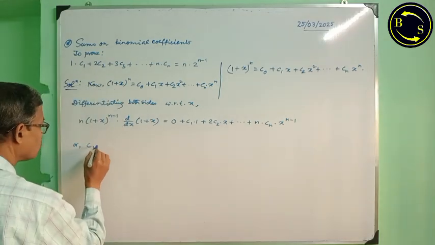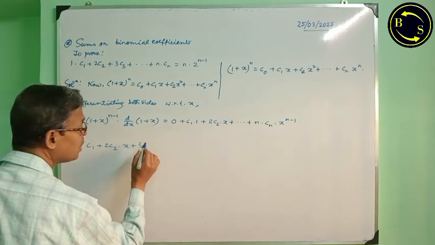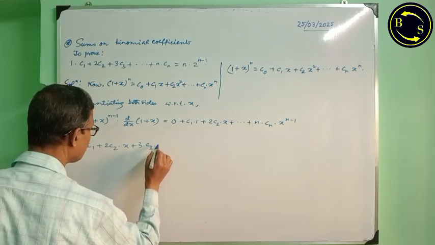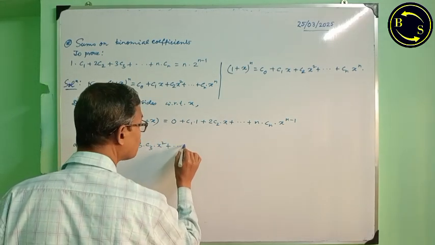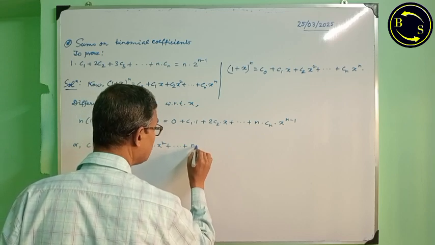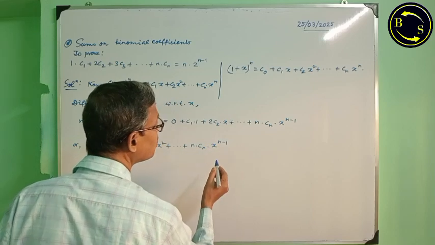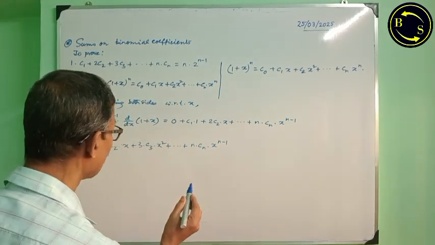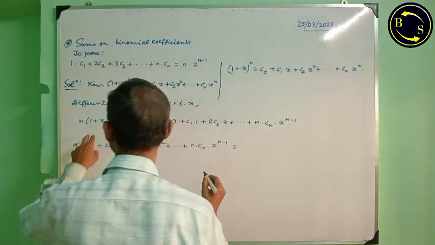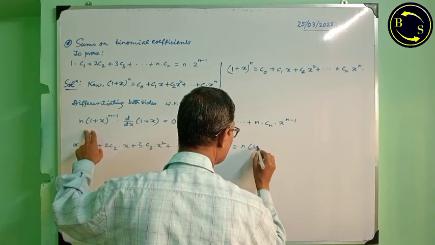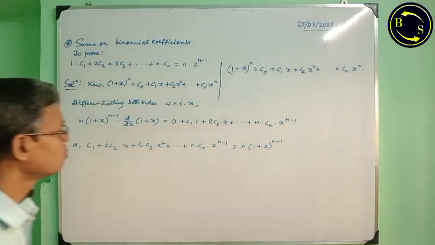That is C1 plus 2 C2 into x plus 3 C3 into x square plus dot dot dot plus n into Cn into x to the power n minus 1 is equal to n into (1 plus x) whole to the power n minus 1.